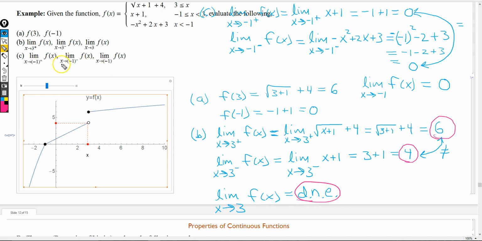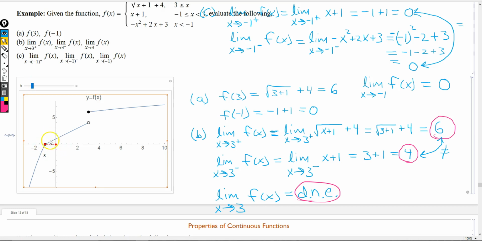And then at -1, notice how for the limit as x approaches -1 from the left, the function values are getting closer to 0 on the y-axis right there where my pointer is. And as x approaches -1 from the right, the function values are also approaching 0.